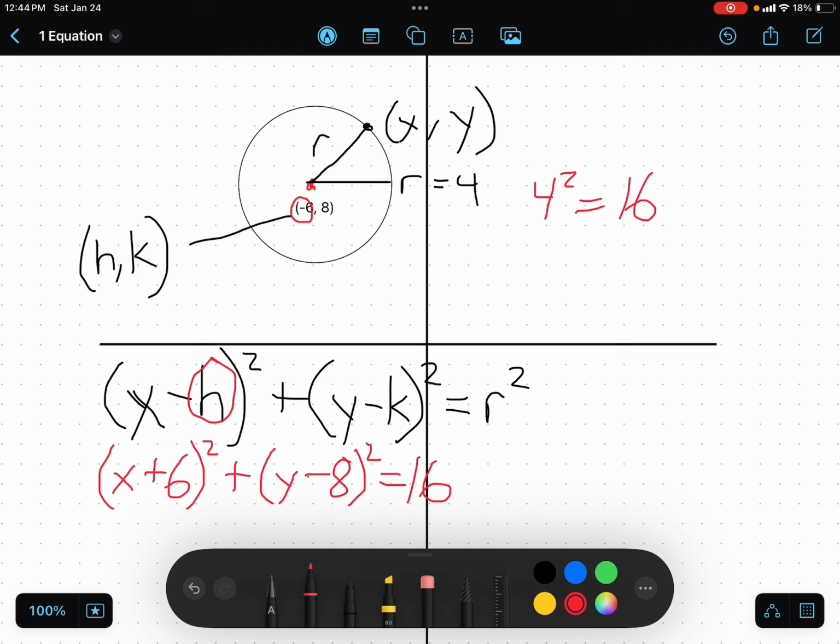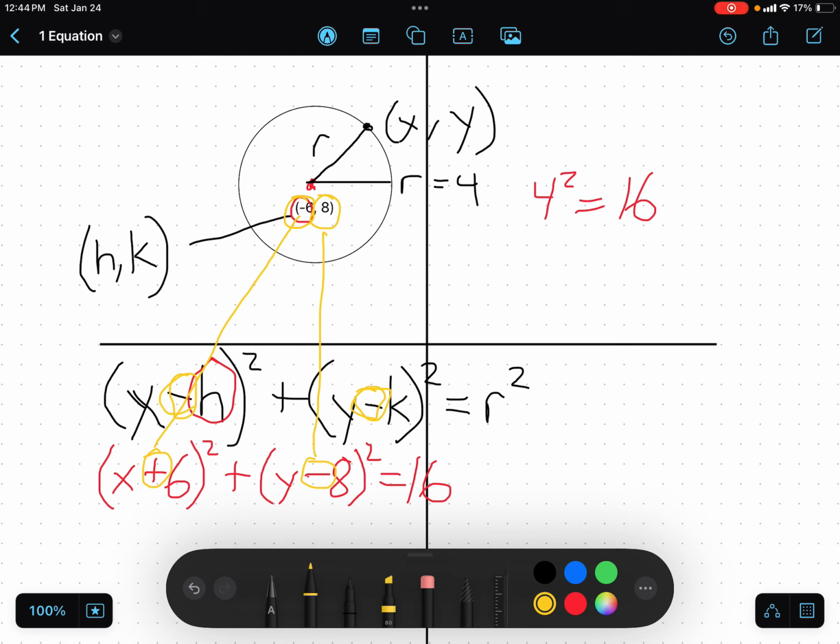Now, you'll notice, and this is kind of a tricky thing to remember with circles, because of this subtraction in here, the signs within our parentheses of any equation are going to be the opposite of the signs of the coordinates of the center.